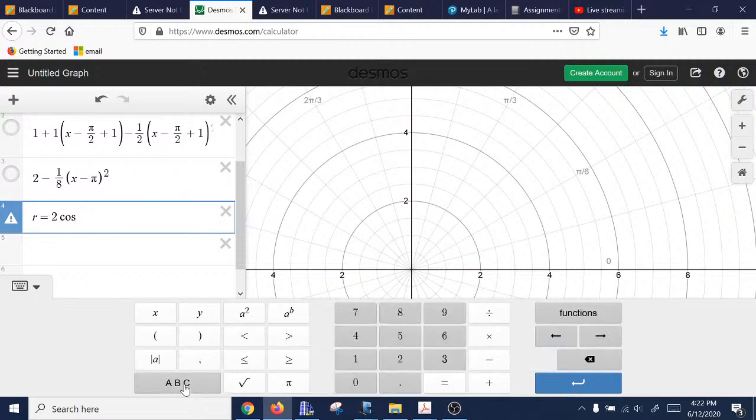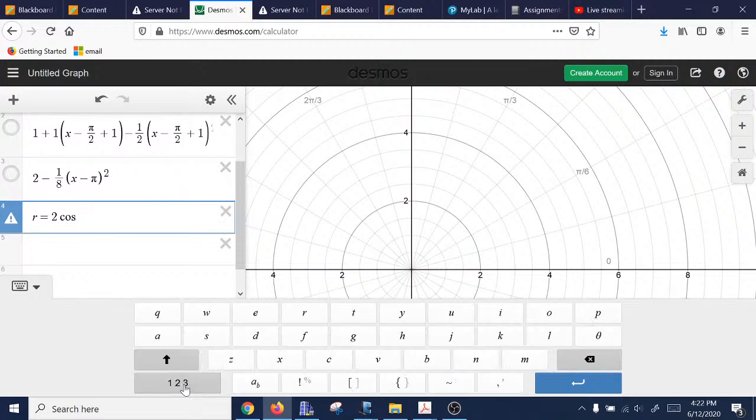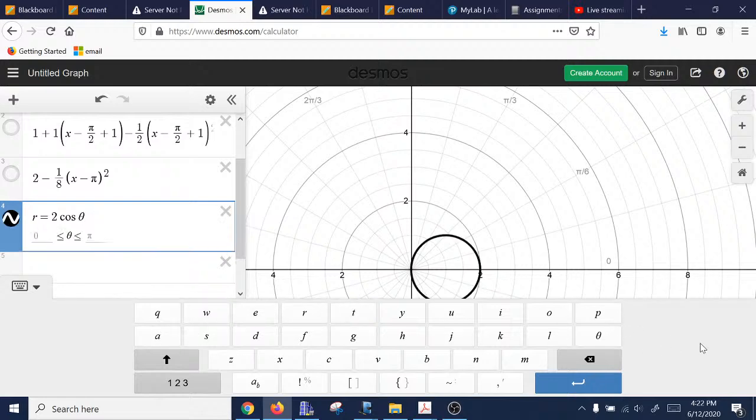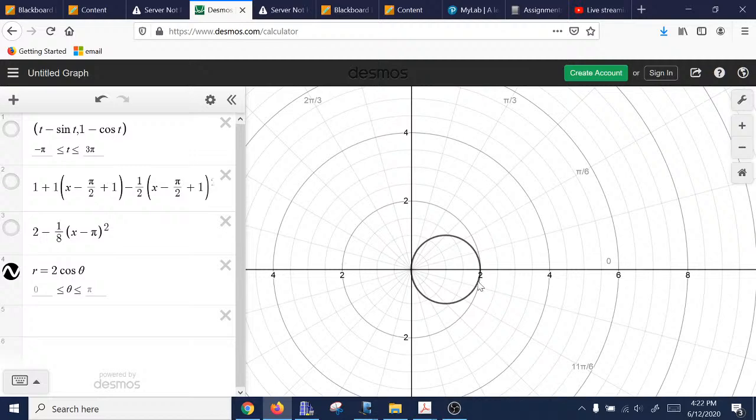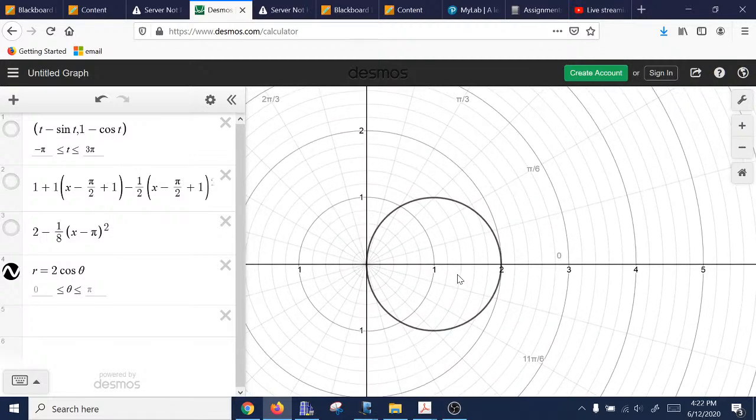Do I need a space? Can I just type in theta? If I hit X, will it do anything? Nope. Theta. Hey, there we go. This graph makes it a way more convincing case that, yes, that is definitely a circle.